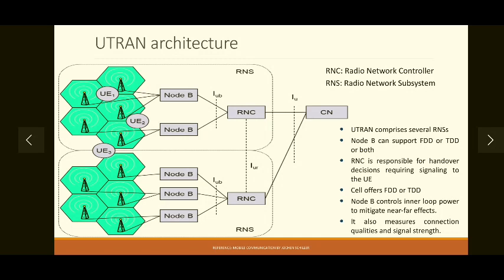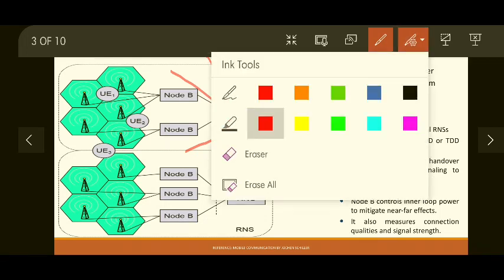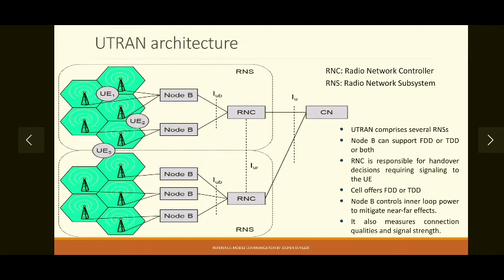Each radio network subsystem is having at least one radio network controller, as you can see over here, and each radio network controller can support several node Bs. All these radio network subsystems are connected together to the core network.